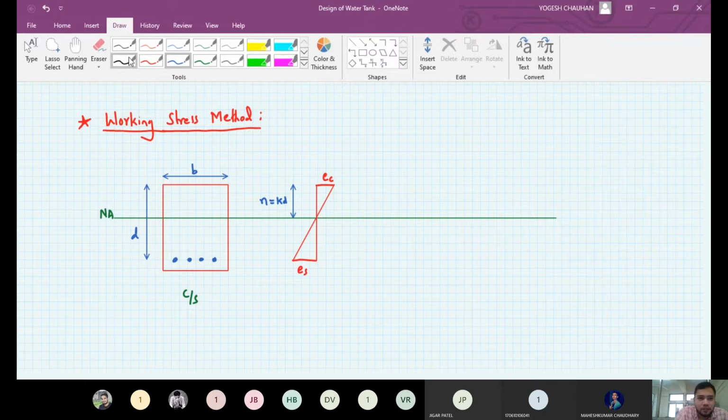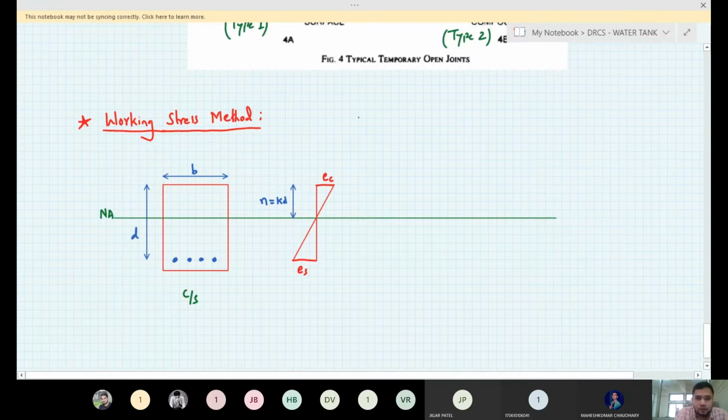I write the terms which are analogous to the limit state method. Here the symbol n that we are using is similar to the x or xu you used to take for the limit state.